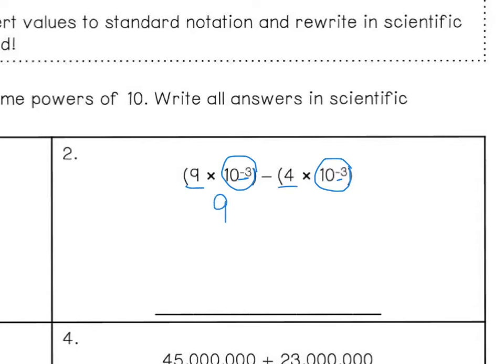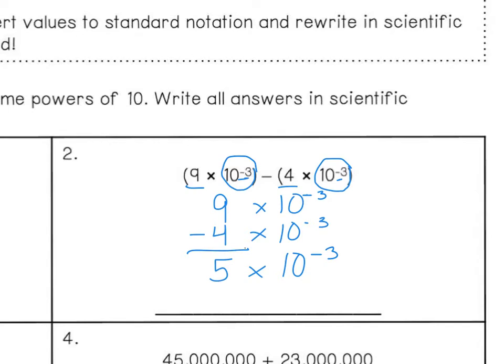So 9 minus 4. I'm going to repeat this just so I don't forget what it is at the end. 9 minus 4 is 5 times 10 to the negative third. And this is our answer: 5 times 10 to the negative third.